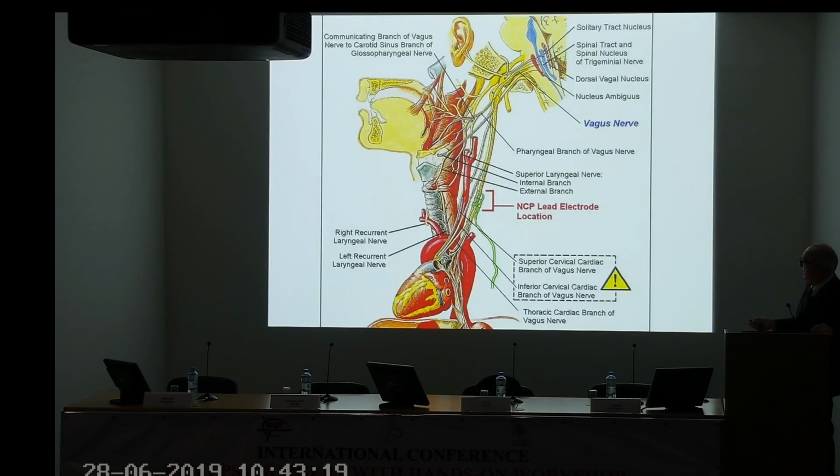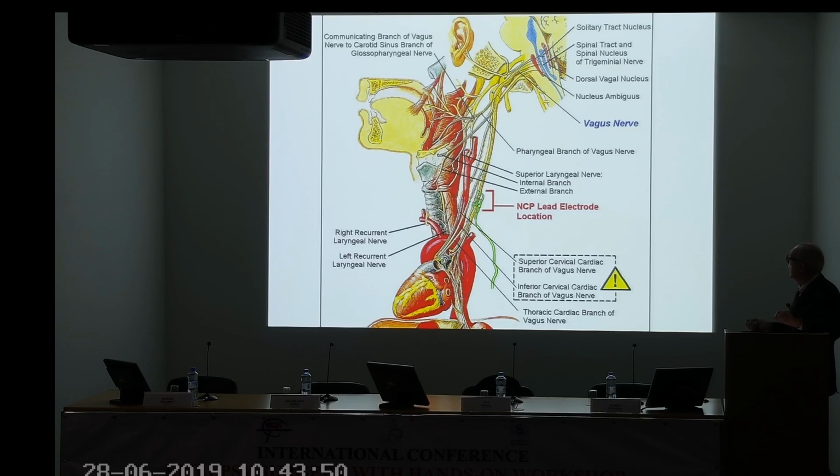The point is that this is the portion of the nerve that you are supposed to stimulate, that is below the cardiac nerves of the vagus and above the recurrent nerve of the vagus. So this is free of collateral nerves. This is a long tract of the nerve.